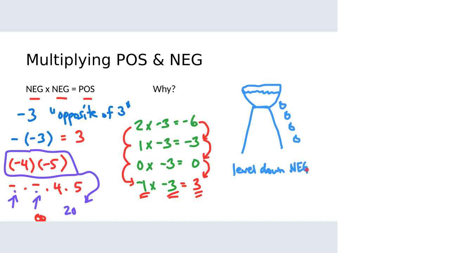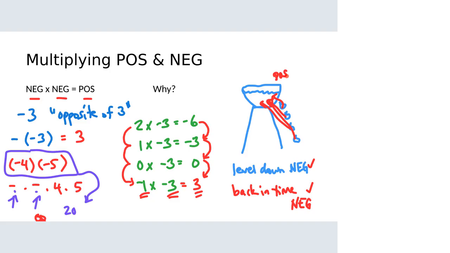Then I'm going to go backwards in time. That's negative. And then if I go backwards in time, the water level is going to go up. So it was leaking, but I go back in time, the water level goes up. That's positive. So negative times negative is positive.